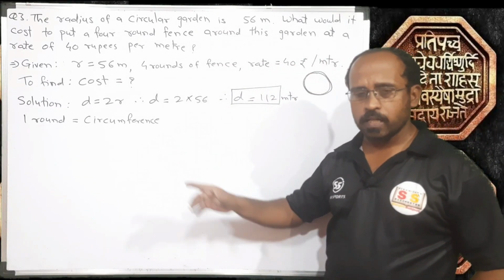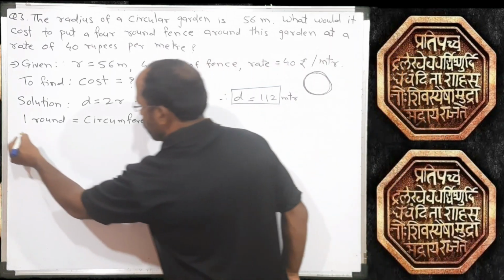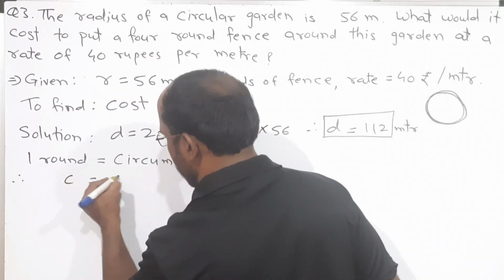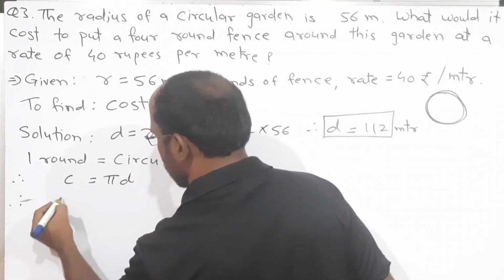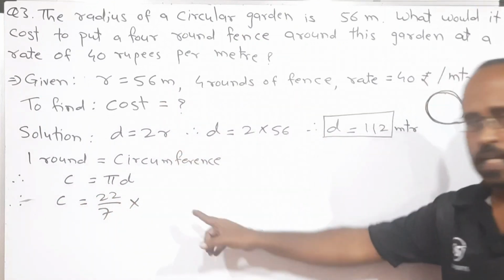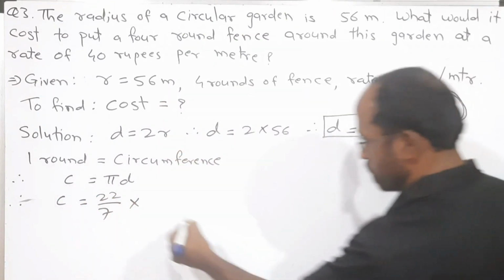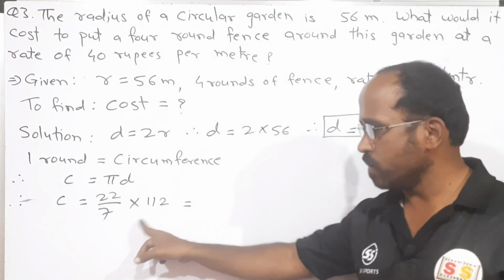So let's find length of the cable required for 1 round. Therefore 1 round is equals to C is equal to pi into D. So C is equal to pi 22 upon 7 multiplied by D, which we found 112, which is equals to 112.